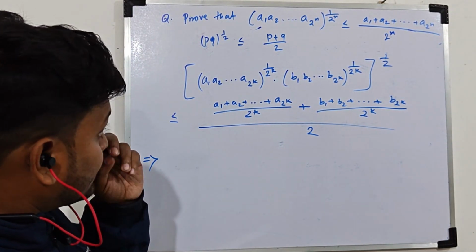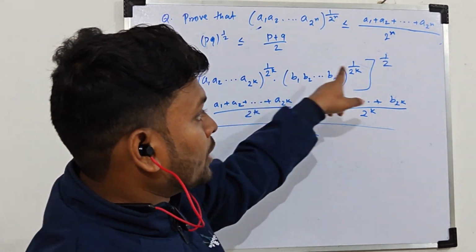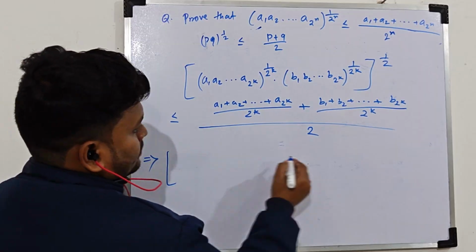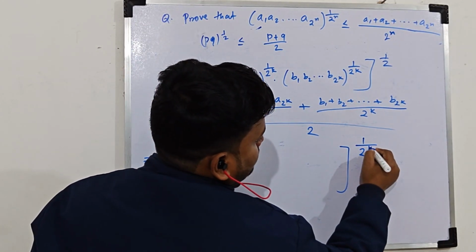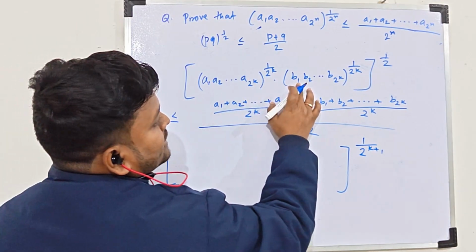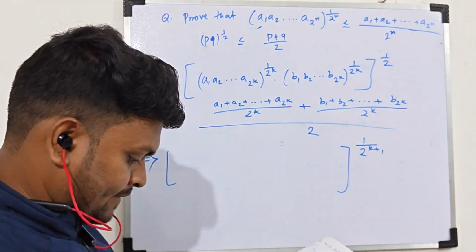This side will be this side, so this will be 1 by 2^(k+1), and this is a1 a2 up to a_{2^k}, and this is b1 b2 up to b_{2^k}.